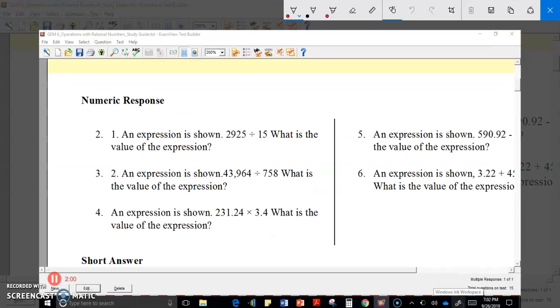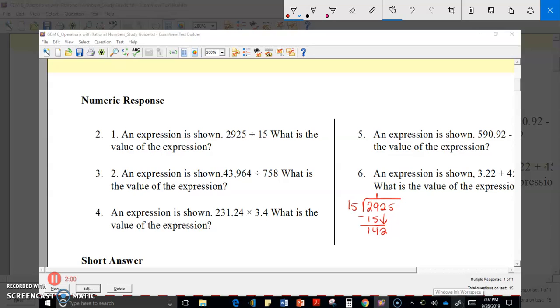All right, in order to do 2,925 divided by 15, I'm going to go ahead and do it over here at the bottom. 15 goes into 29 one time. We got 14, bring down the 2. 15 goes into 142.